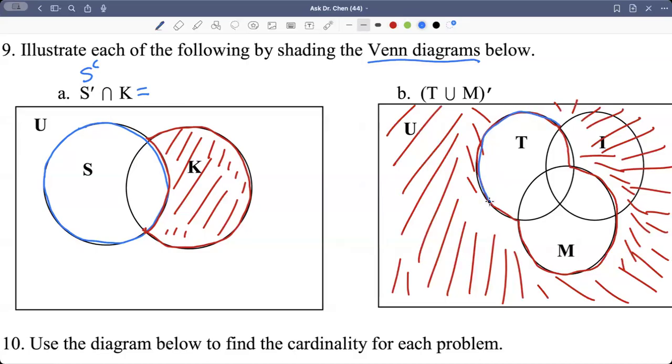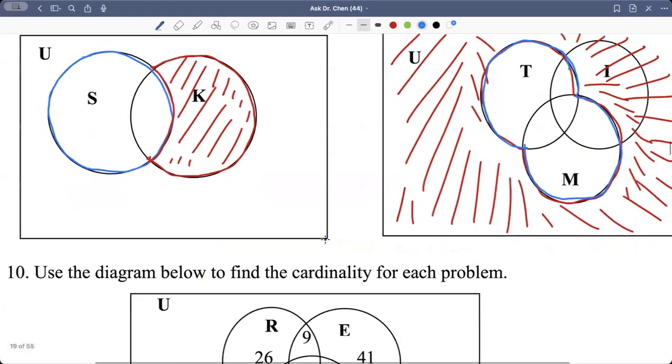This is the T union M. Inside the blue color is T union M, so outside the blue color is the complement of T union M. Okay, that's this one.